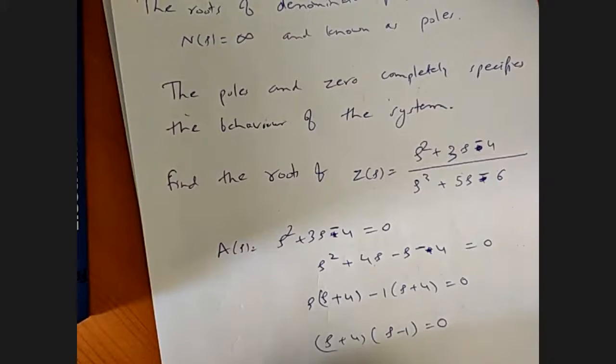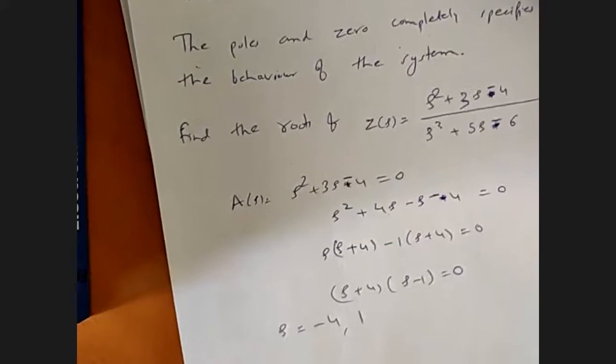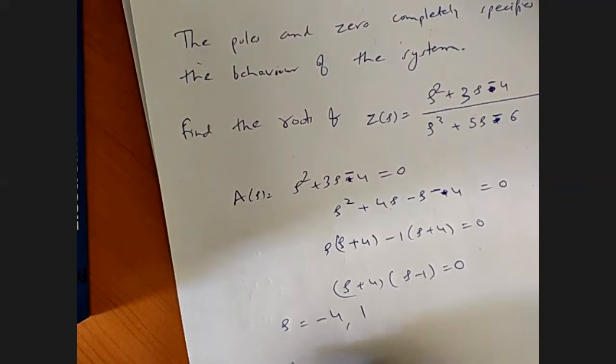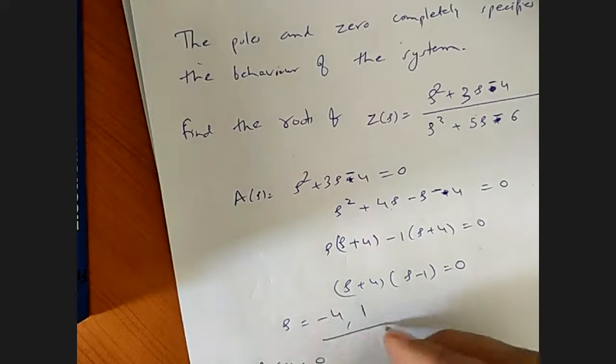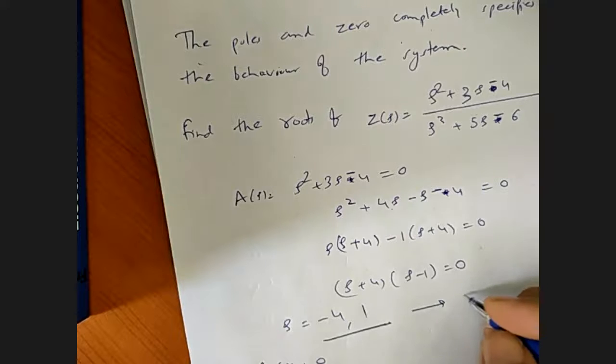So the roots will come out to be minus 4 and 1. Similarly, for B(s) equal to 0, so minus 4 and 1, that will be your zeros.